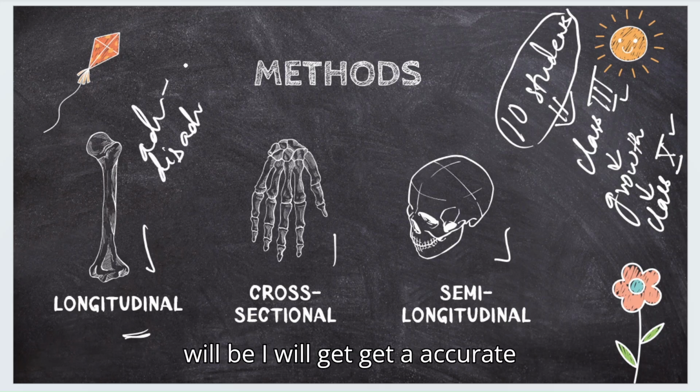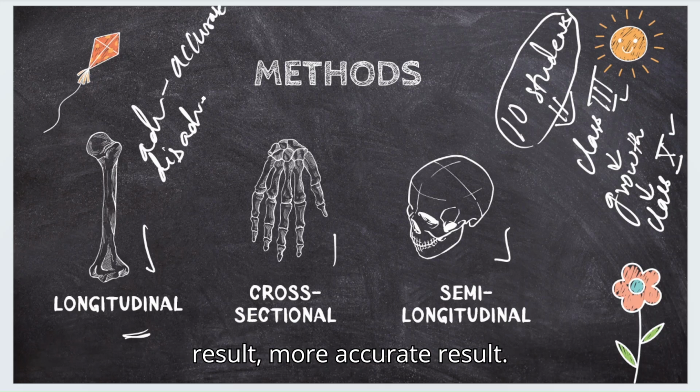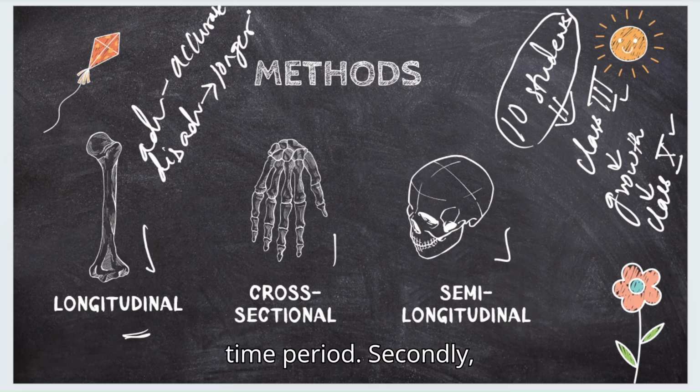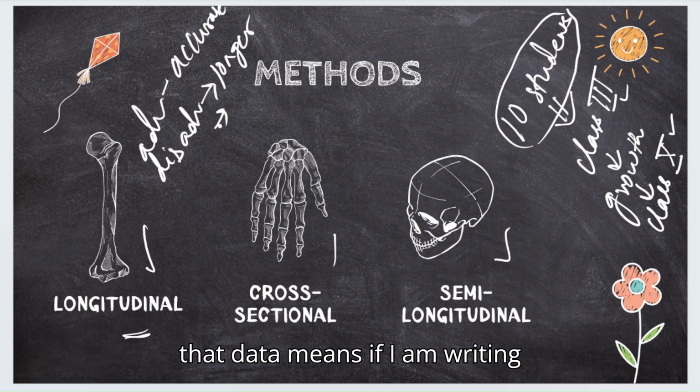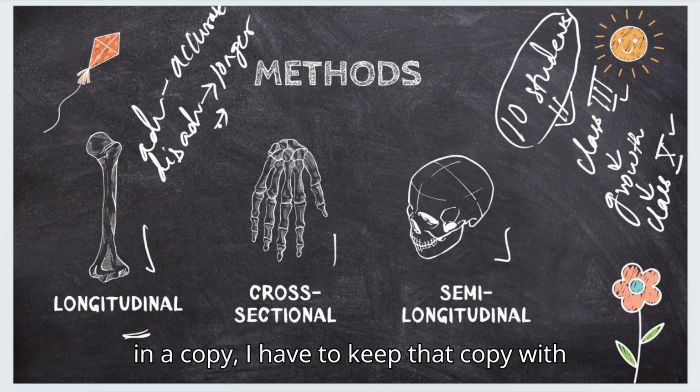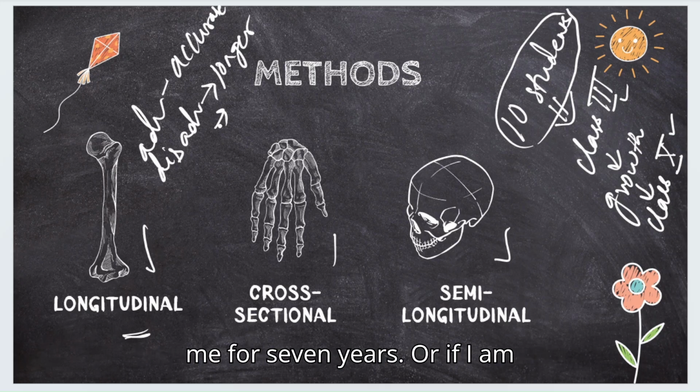The advantage will be that I'll get a more accurate result. The disadvantage will be that it will require a longer time period. Secondly, to maintain that data, if I am writing in a copy, I have to keep that copy with me for 7 years.